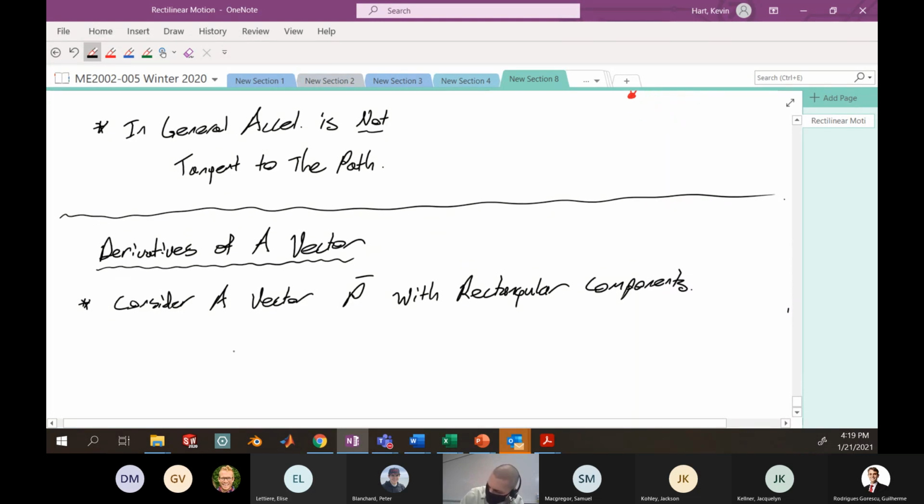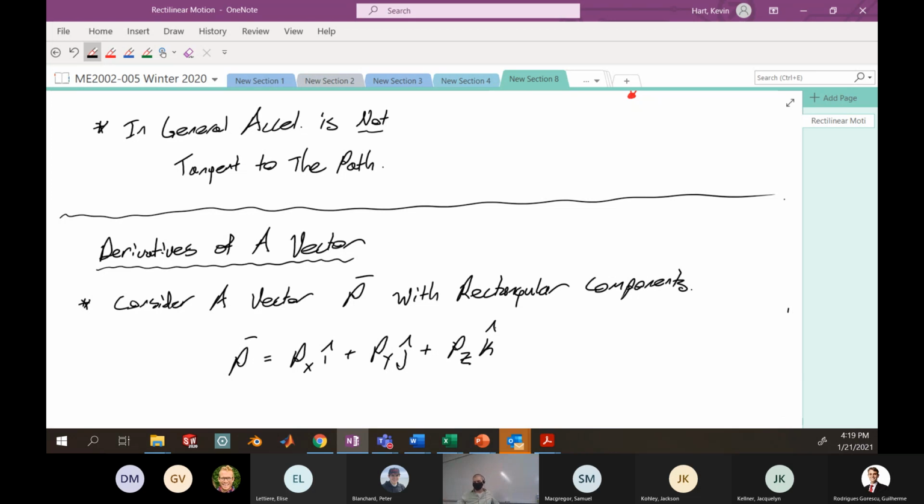Here is the vector P that's got Px i hat plus Py j hat plus Pz k hat. This is your vector in typical rectangular components. You could think of a position vector if you'd like, as an x coordinate, y coordinate, z coordinate. You could think of components of velocity, x, y, and z components of velocity, and so on.